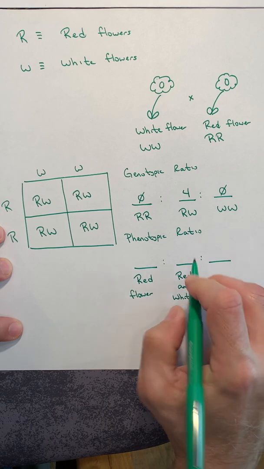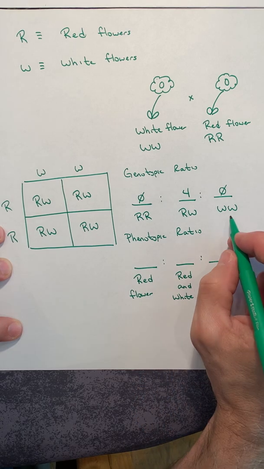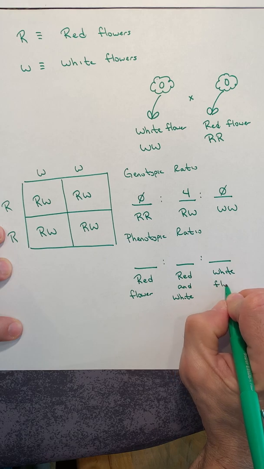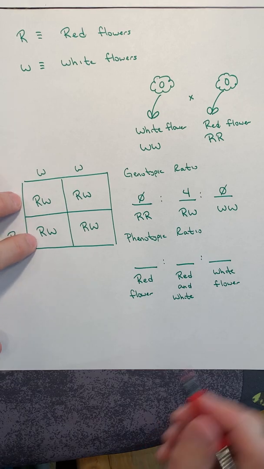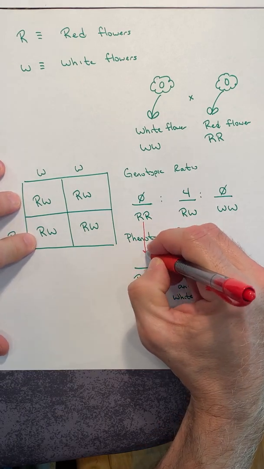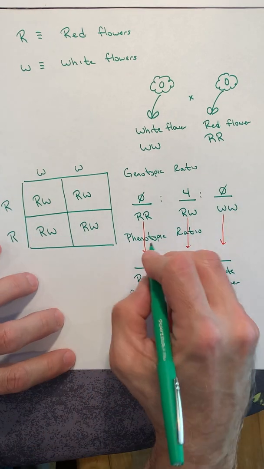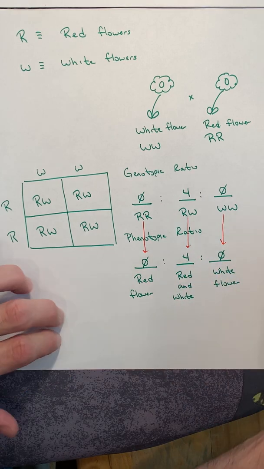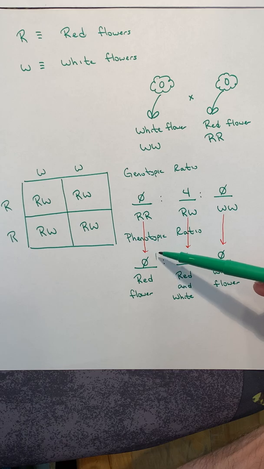Remember, this is codominance. Both alleles are expressed, red and white. And then WW makes for white flowers. Now, what makes it simple on the phenotypic ratio of codominance is these numbers come straight down. In codominance with plants, the genotypic and the phenotypic numbers are the same.